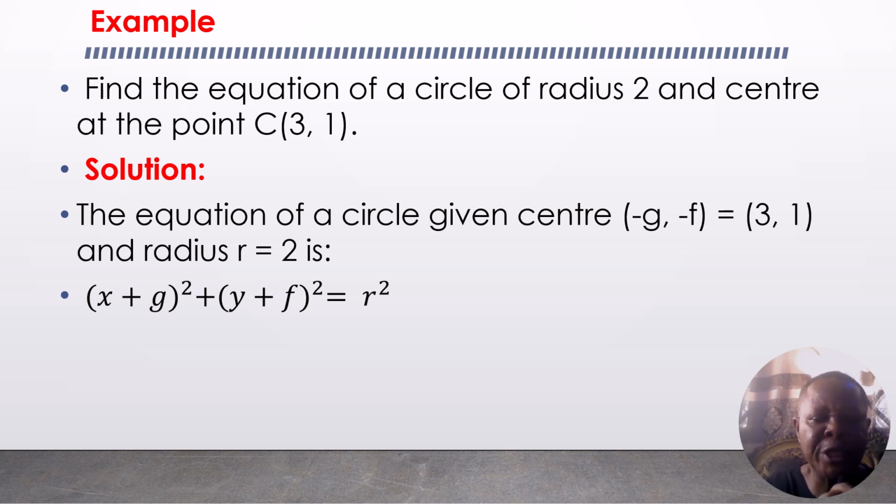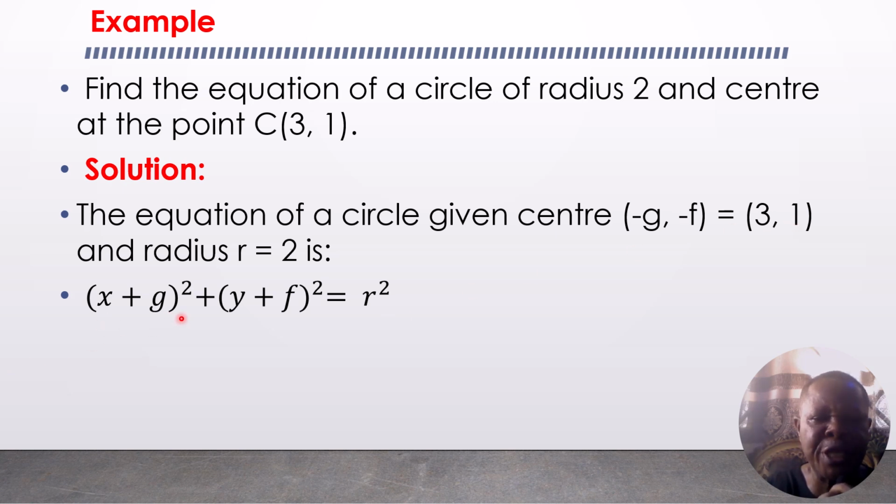Here, minus g is equal to 3, that implies g is equal to -3. Minus f is equal to 1, meaning that f is equal to -1.